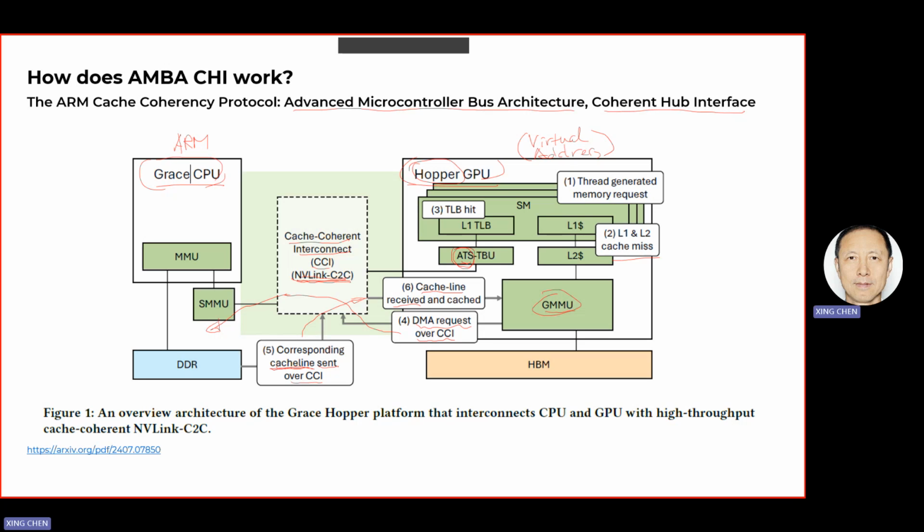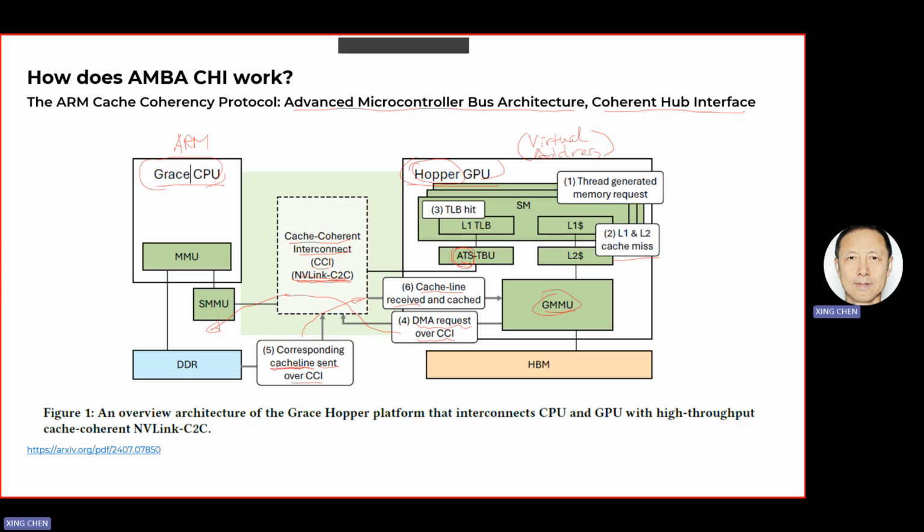By this synchronization, after the cache line has been received by the GPU, we know that the cache on both the CPU side and the GPU side is now coherent.